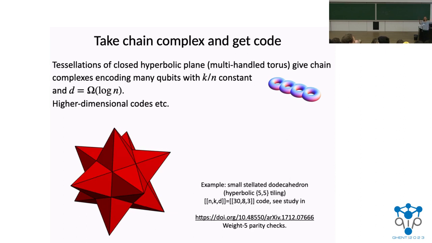If I have a higher-dimensional object, I can say I have C1, C2, C3, C4, so I can put my qubits on either C1 or C2, and often that doesn't make a difference. If I put them on edges, then I have vertex checks and face checks, but I can also put them on faces, and then I have cube checks and edge checks.